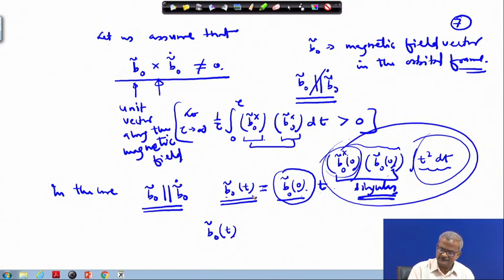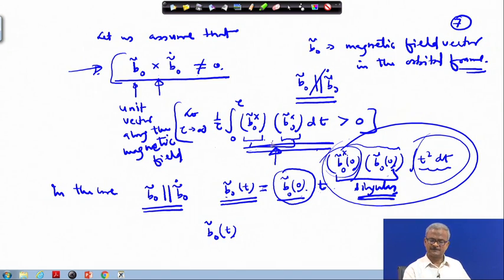So, it is required that the basic assumption we are making here, B tilde 0 cross B tilde dot, is not equal to 0. This will ensure that this quantity here is greater than 0, and now we can utilize this to model our controls.